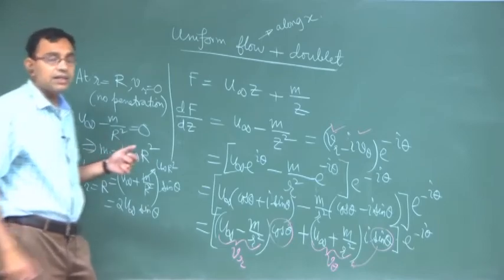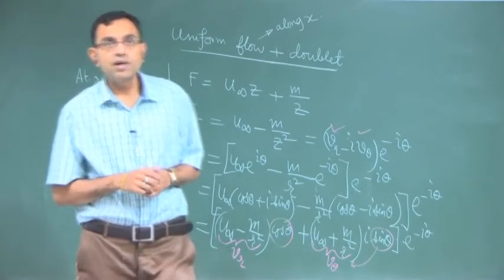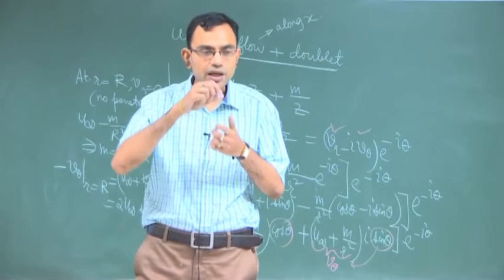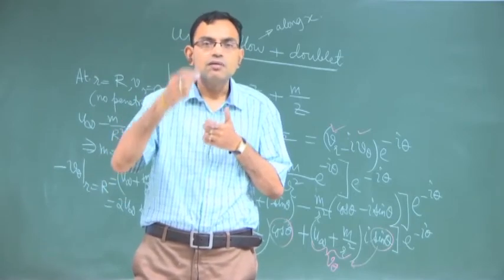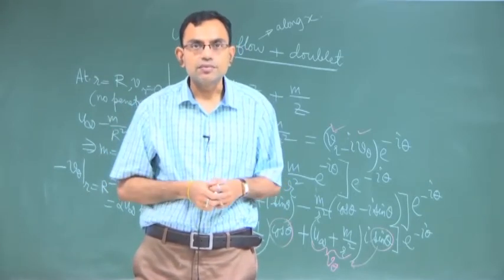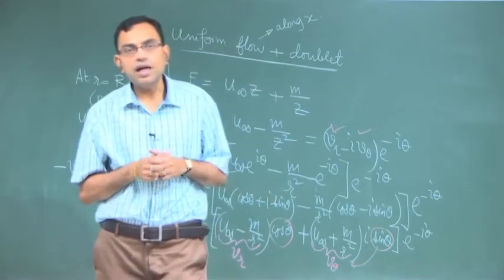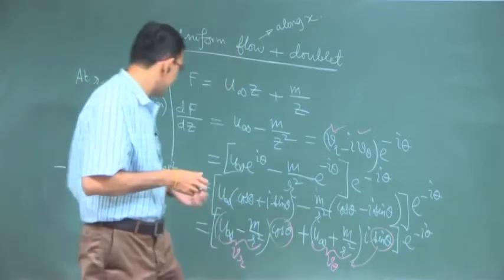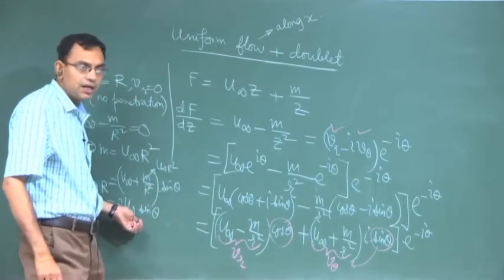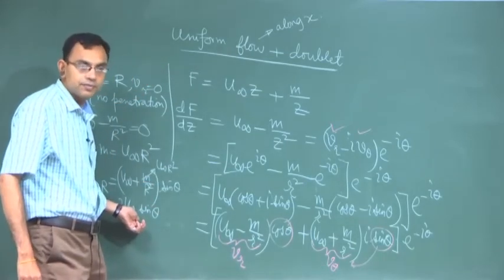So, interestingly, V theta is the tangential velocity on the surface of, say, a cylinder. By setting V theta equal to this at the surface of the cylinder, we are allowing slip.